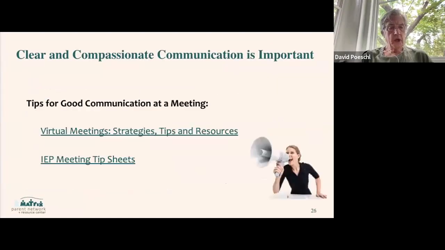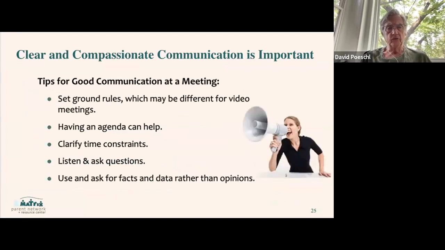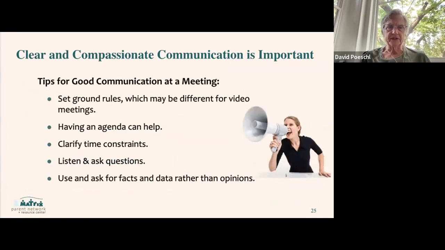One thing I will say, as far as a tip for going into an IEP meeting, and this is in the same vein: what I always recommend is that parents write down what they want to talk about at the IEP meeting. Inevitably, you get there, the introductions happen, there are 10 people around the table, and it's really difficult to maintain that.